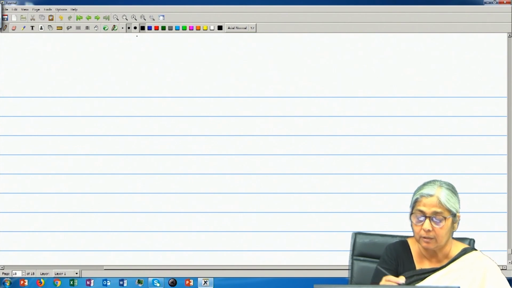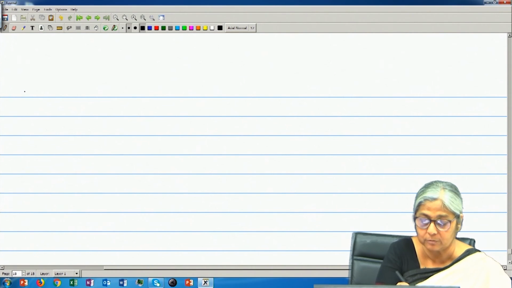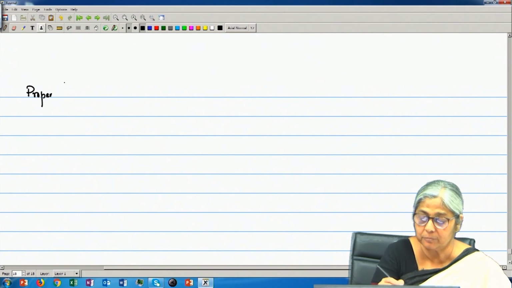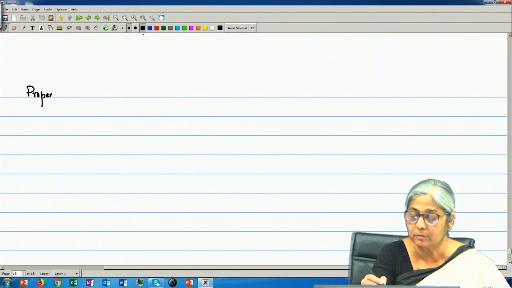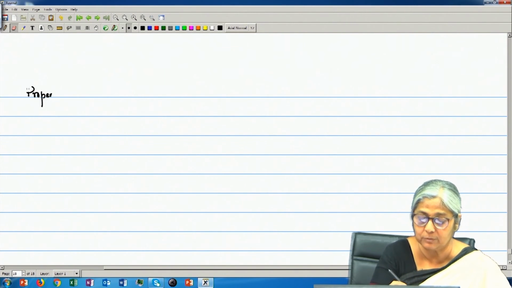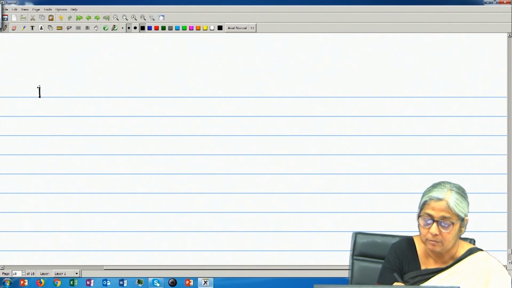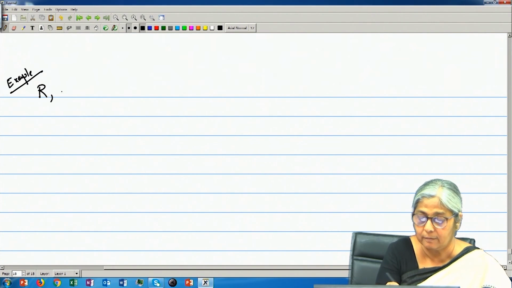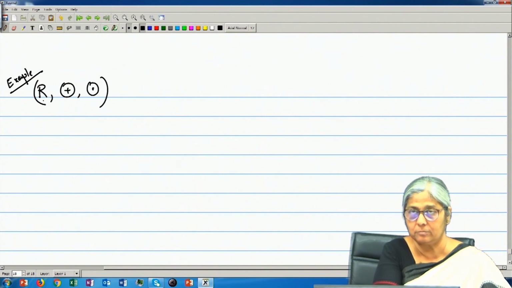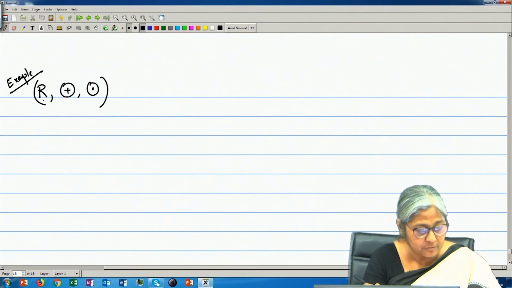One very important thing, if we consider the examples that we have taken earlier, if we remember that one ring, R with plus dot, we see whether this becomes a subring or not.